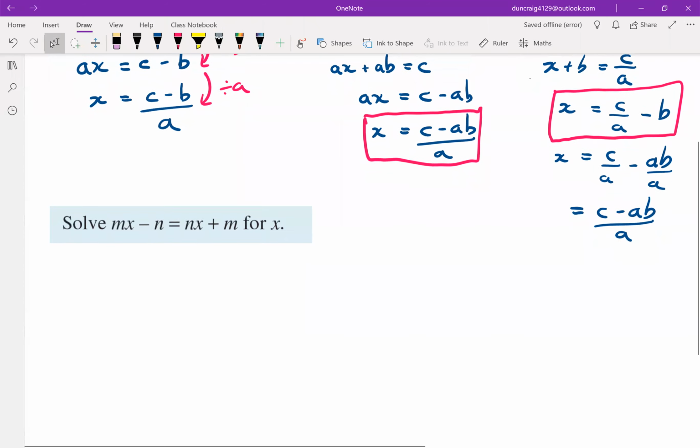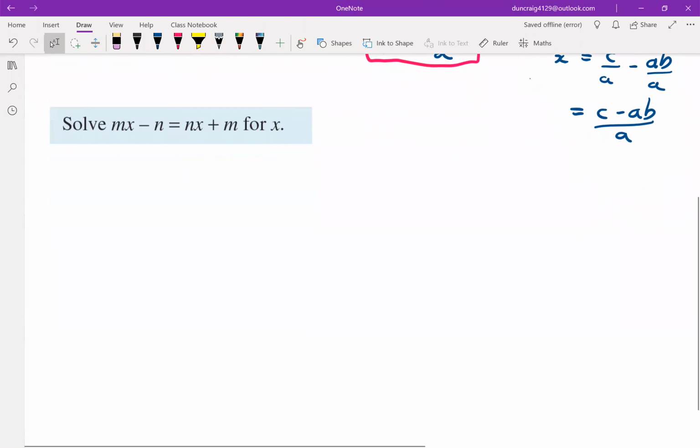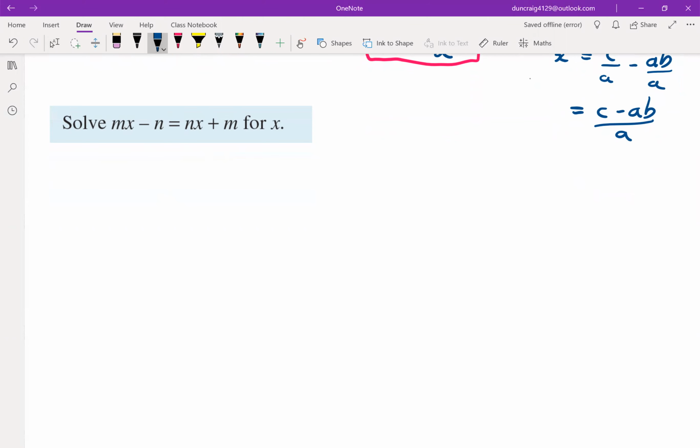All right. Coming down to our next example, we've got mx take n is equal to nx plus m. Oh, geez, how do we do this? Because we've got the x's on both sides, so let's just solve it exactly like that. Let's take nx from both sides.